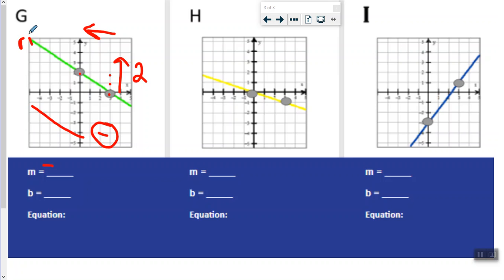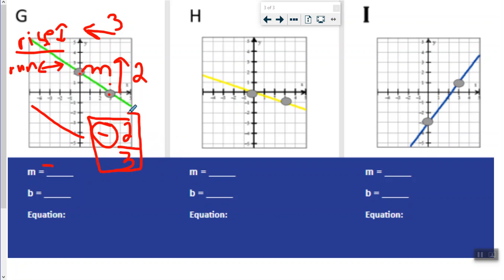Because remember, to calculate slope, you do rise, which is up and down, over run, which is left to right. So we start here, 1, 2, 3. Okay, so our slope is 2 over 3. I cannot make this any smaller, and remember, it has to be negative because this is a negative slope. So my slope is negative 2 over 3.